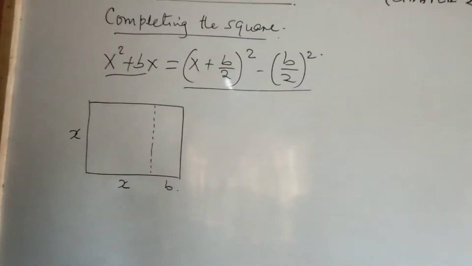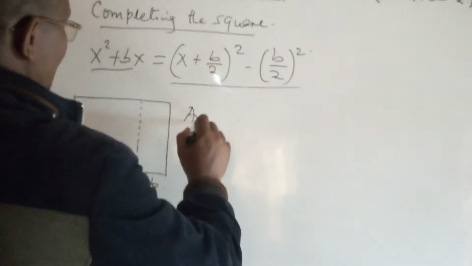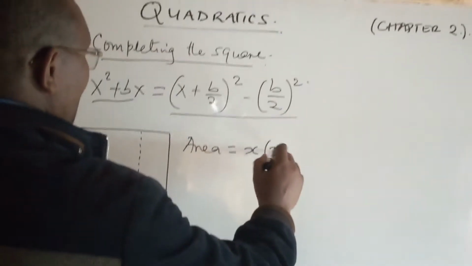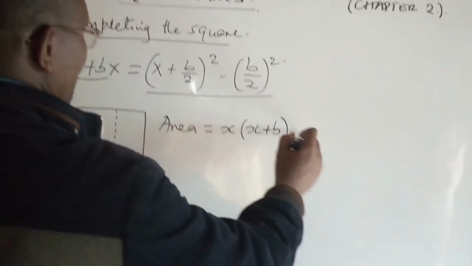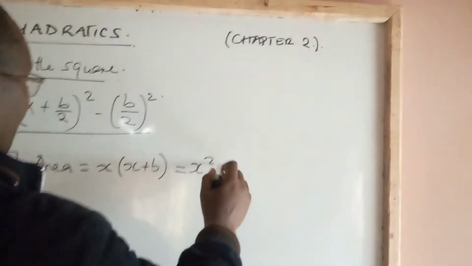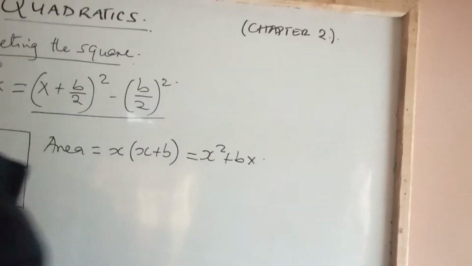The area of that rectangle is x times x plus b, and this is what gives us x squared plus bx.